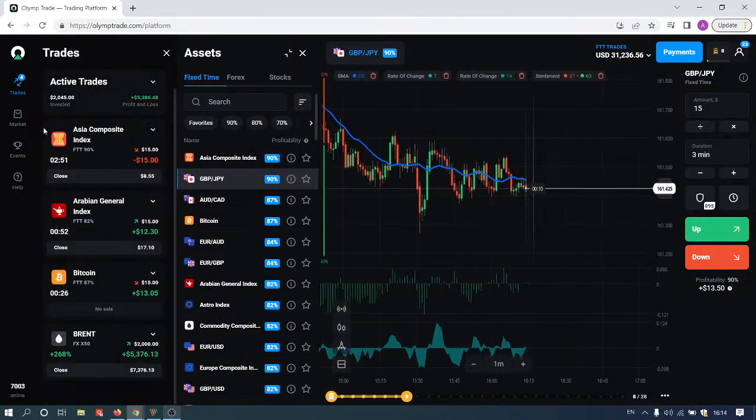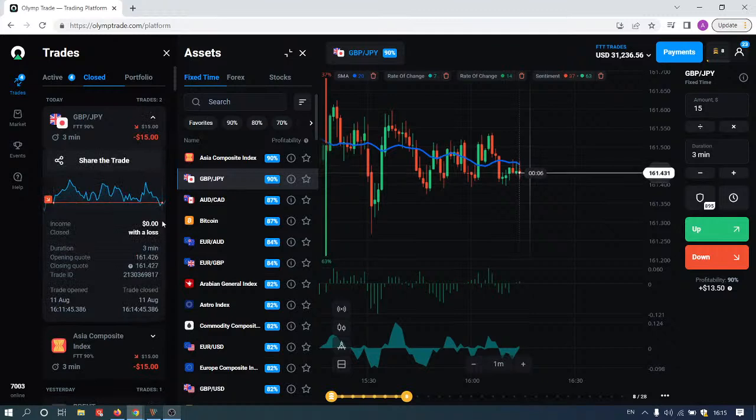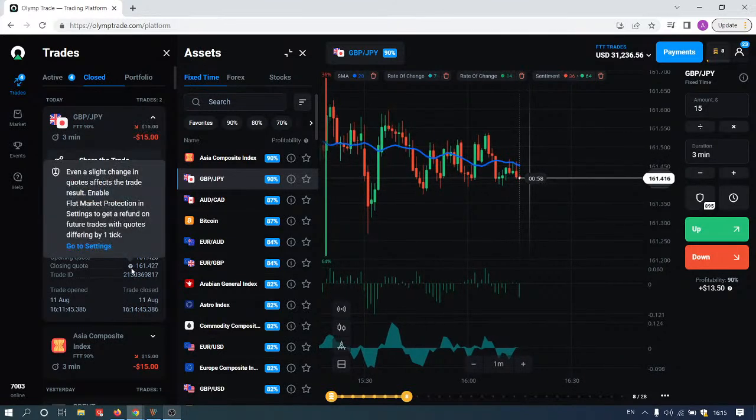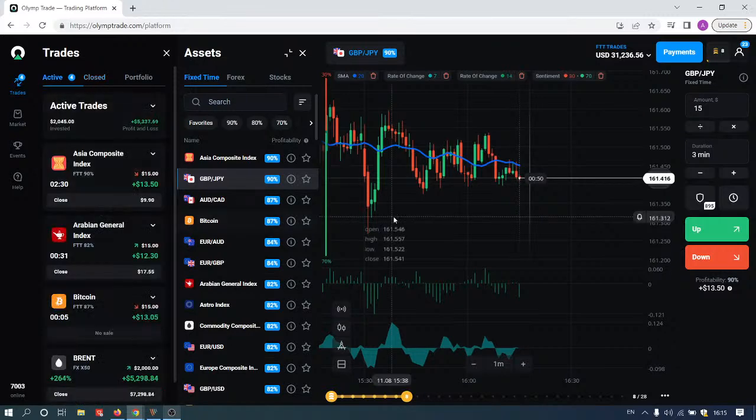All right. So what about this here? Closed with a loss. It was close to being a profitable trade, but in the last few seconds it went into the positive area and then dropped.